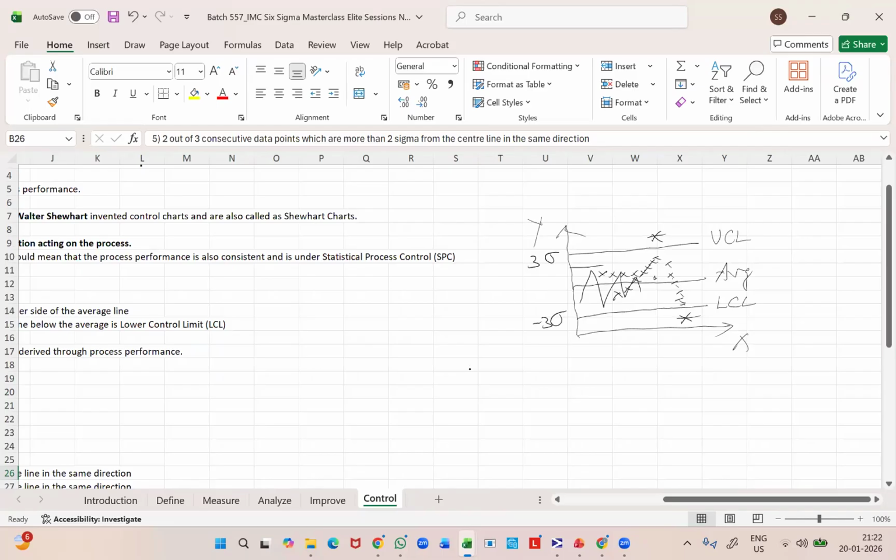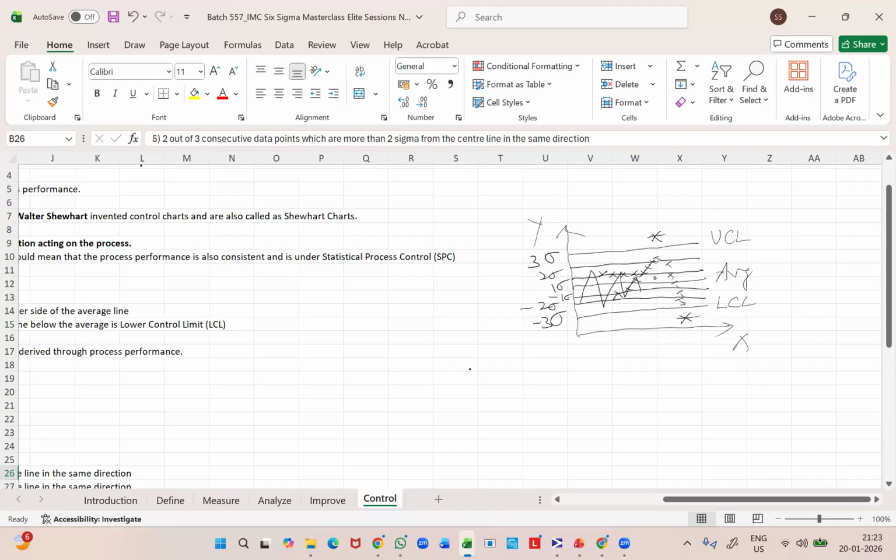It will be very difficult for us to visually observe this. That's why I told you the next set of 4 rules can be applied only if you construct the control chart using Minitab. And then down below that will be the 1 sigma line, and this will be minus 1 sigma. So 2 sigma to minus 2 sigma, 1 sigma to minus 1 sigma.